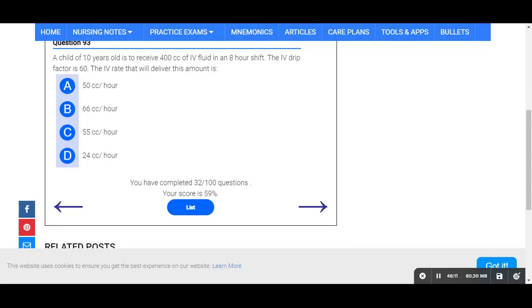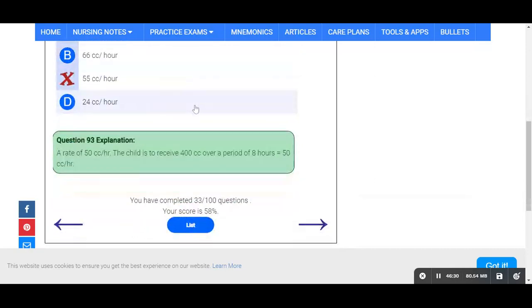No. Okay, let's try another way. 400 divided by 60 times 8. Okay, let's try to answer 55. Oh, it's 50 only. The rate, okay, of 50 cc per hour, the child is to receive 400 cc over a period of 8 hours, 50 cc per hour.